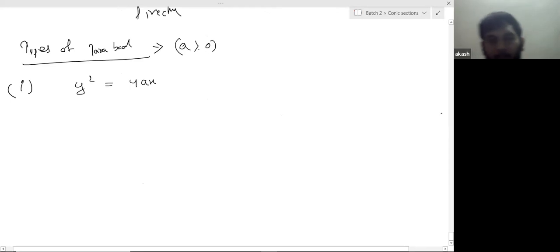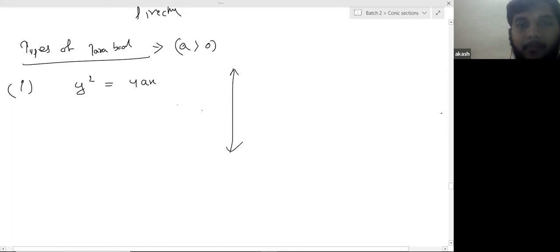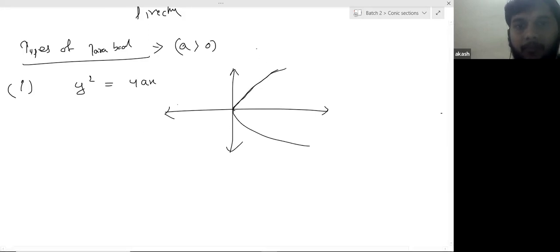It cannot be negative. The shape it makes is like this. This kind of parabola, this equation.